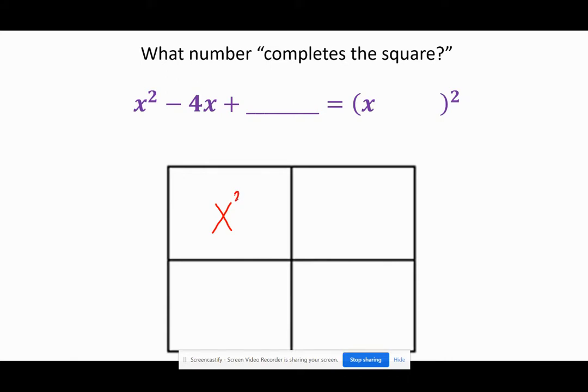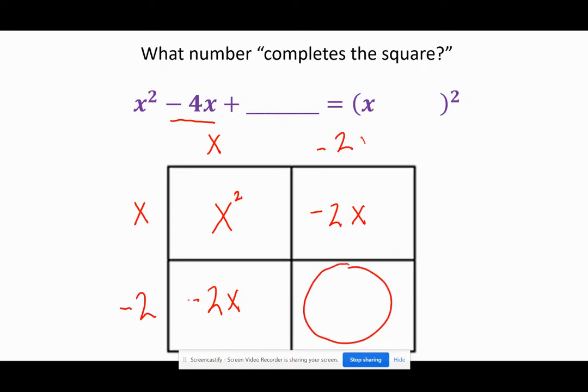x squared, cut this in half, negative 2x, negative 2x. That'll be x times x. That'd be negative 2, because x times negative 2 makes negative 2x. There's your other negative 2. So now what is this? Well, negative 2 times negative 2 makes positive 4.